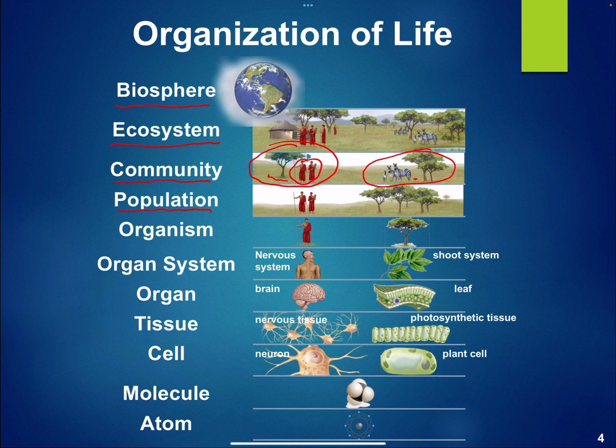Populations, in this particular instance right here, we are going to zoom in on the human. That's one species of organism. Groups of many humans constitute a population. Zooming in on the population, we are going to find organisms. This is one organism, a human.